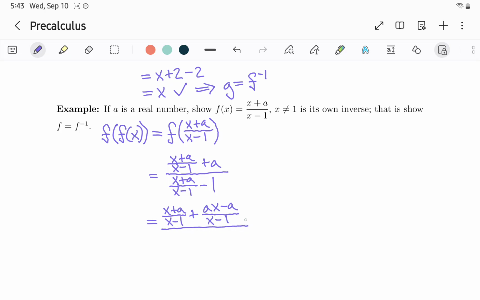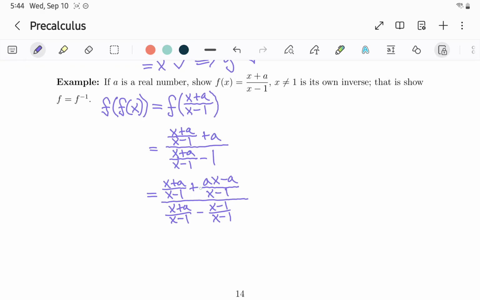And so in our main denominator now, our first term will be x plus a over x minus 1. Nothing changed there. And then we have minus 1 over 1 times x minus 1 over x minus 1, which is going to be minus x minus 1 over x minus 1.